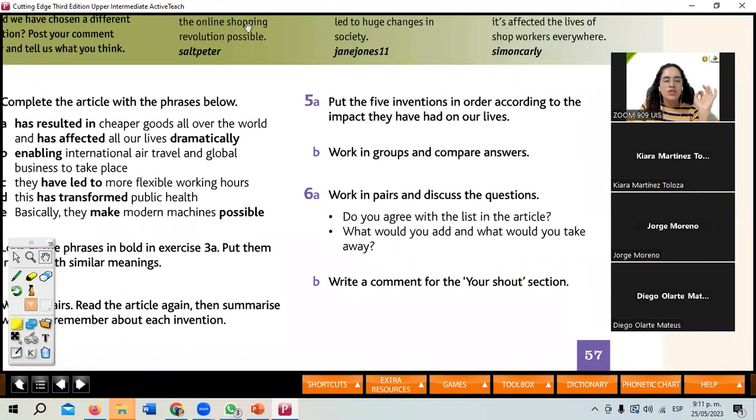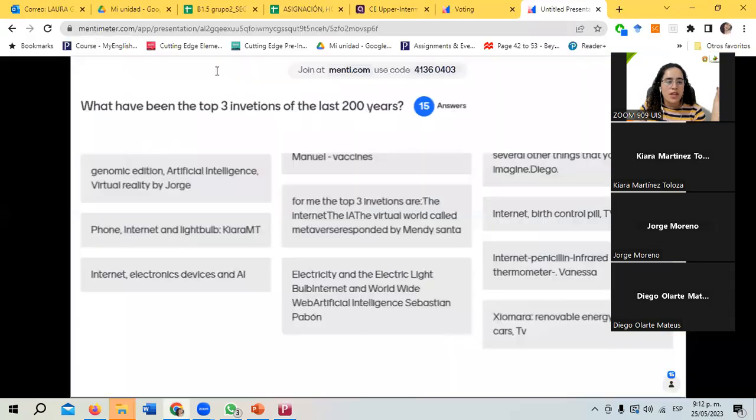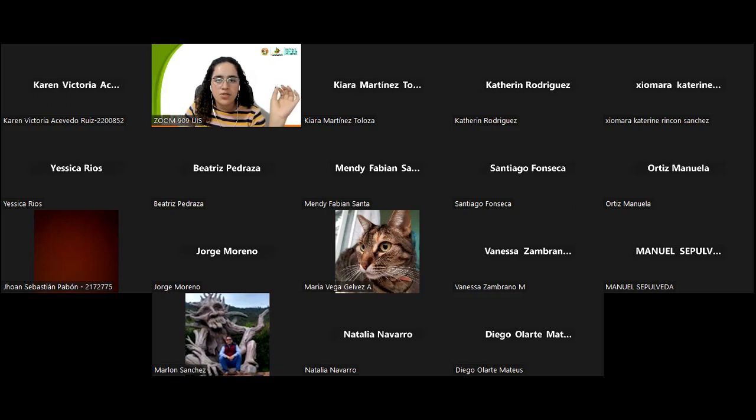And also, while you are in your groups, you are going to organize the 5 inventions in order according to the impact that they have or have had on your lives, okay? So you are going to discuss and decide the order of the inventions according to the impact, so which one is more important in your lives. Which one has been more important? This is what we're going to do now in the groups. So I will open the link and let me send it to you. Just a moment.